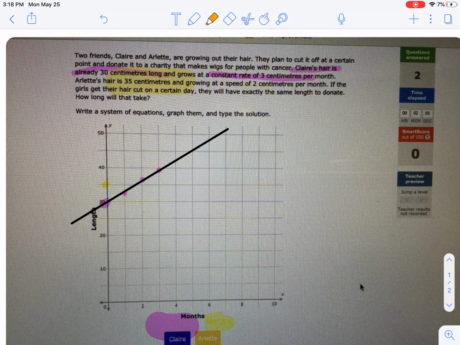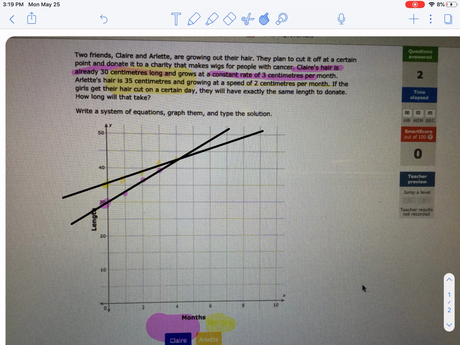And it grows 2 centimeters per month. So you can go over 1, up 2, another dot, over 2, up 4, over 3, up 6, over 4, up 8. And then when you draw the lines through those dots, you can see where they cross.